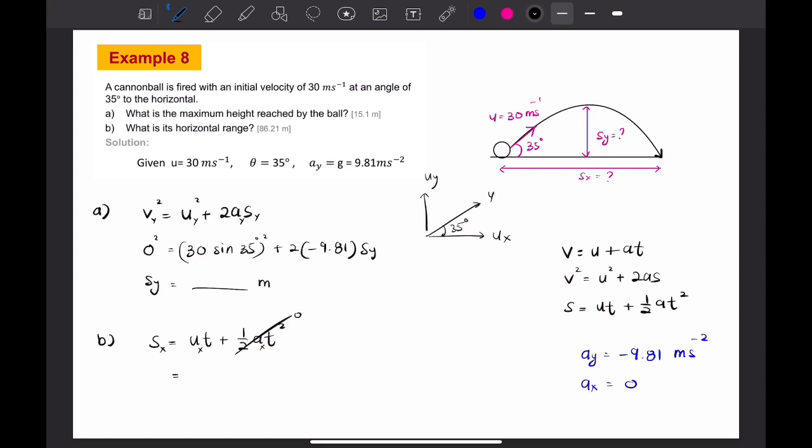So what's left is sx is equal to uxt. We need to find the ux using the same concept just now. We know that uy is u sine theta, so ux is u cos theta. So 30 cos 35, and then t. We don't have the t, but since we have no other choice, we need to find the t.